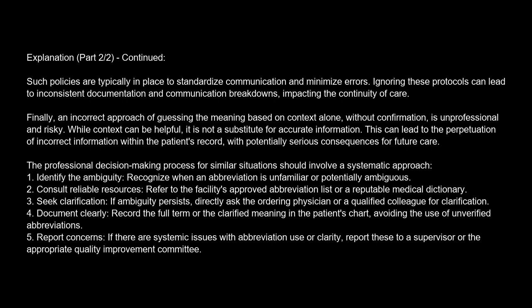If ambiguity persists, directly ask the ordering physician or a qualified colleague for clarification. 4. Document clearly. Record the full term or the clarified meaning in the patient's chart, avoiding the use of unverified abbreviations. 5. Report concerns. If there are systemic issues with abbreviation use or clarity, report these to a supervisor or the appropriate quality improvement committee.